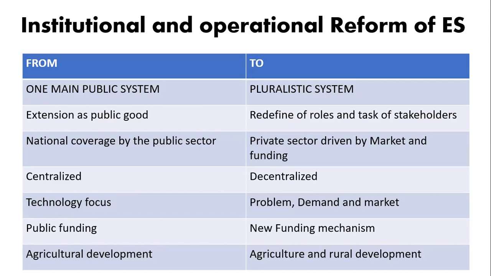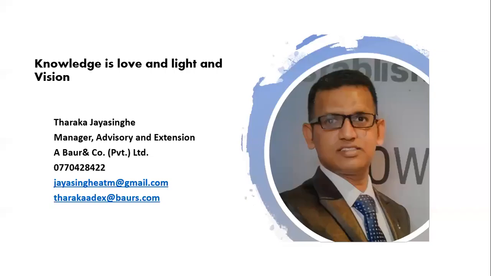Extension needs not just agricultural development. It is some kind of holistic approach to resolve the problems in the rural community or the development of the village. Right. With that, I think I can conclude my session.